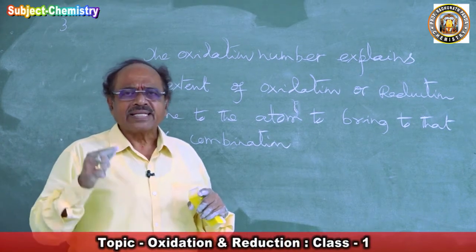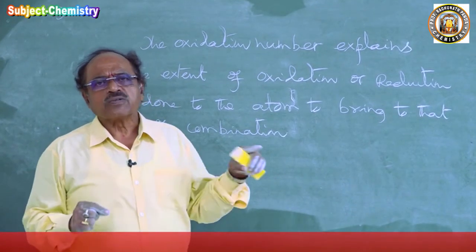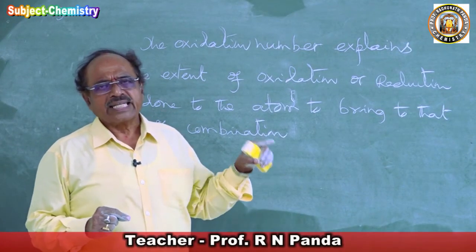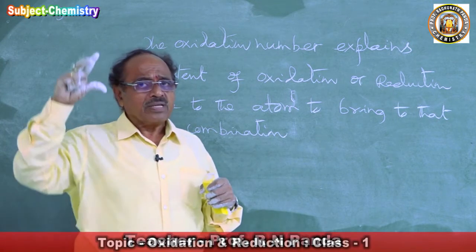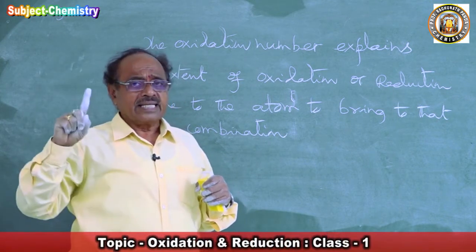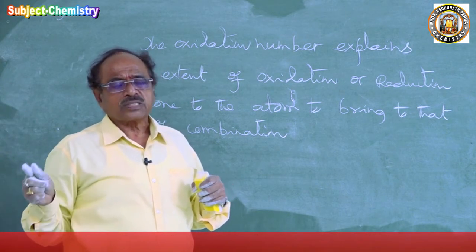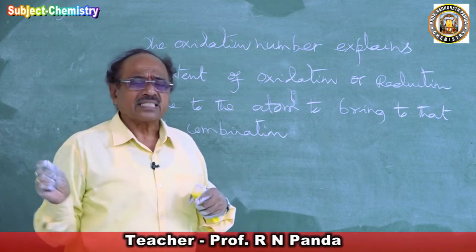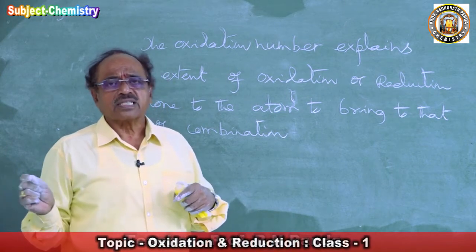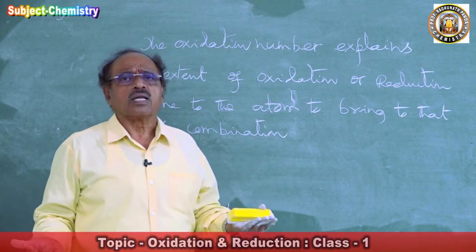Because we have used: increase of positive valency is oxidation, decrease of positive valency is reduction, or increase of negative valency is reduction. To explain all these things, increase of positive valency, increase of negative valency, decrease of positive valency, all these things are not necessary at all. Addition of oxygen, removal of hydrogen, all this confusion is not necessary at all.